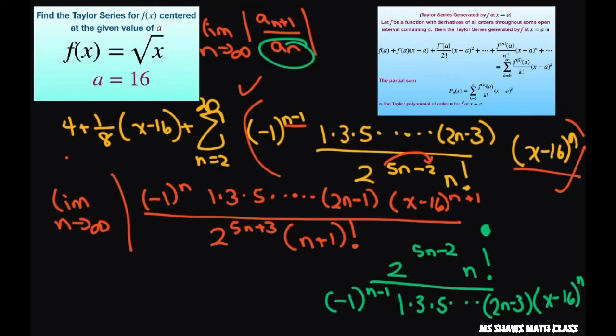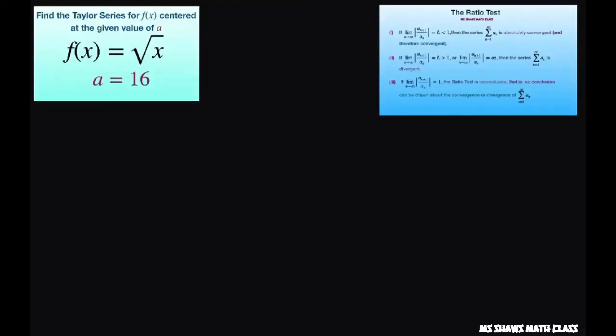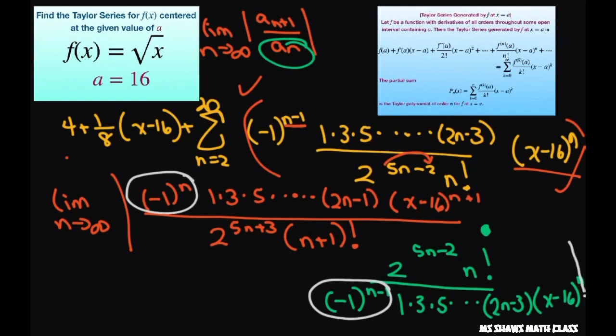And what we're going to do is simplify all this. And what's going to happen with the ones is they're going to, oh, this is absolute value. They're going to cancel out, and the absolute value of negative 1 is 1.